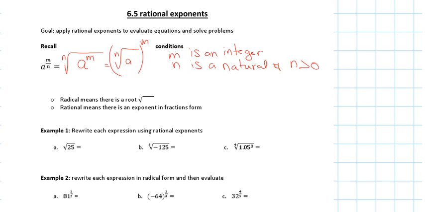And most importantly, a cannot be negative if n is even. So a has to be greater than or equal to 0 if n is even.